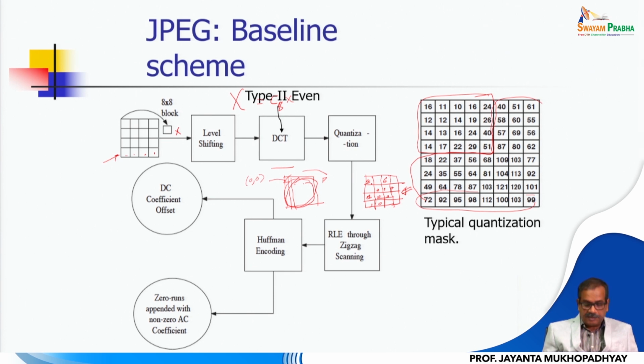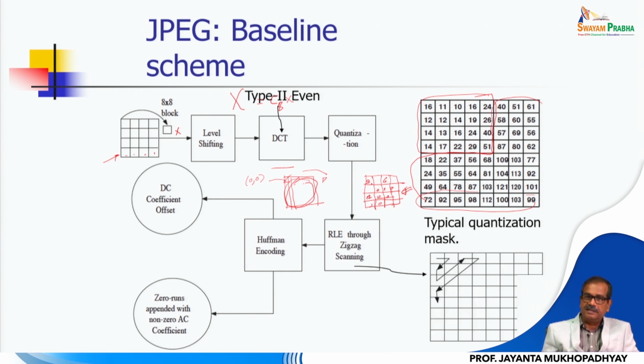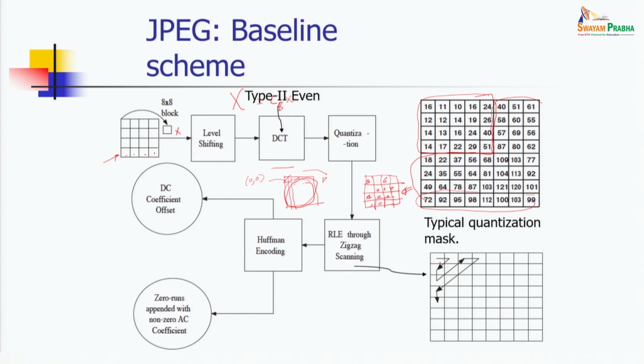So, there is a particular order. We call it zigzag order. So, this kind of order is followed, like from here. So, you see that I will consider this one. Again, I will come here and then I will take this one. So, in this way it will proceed.